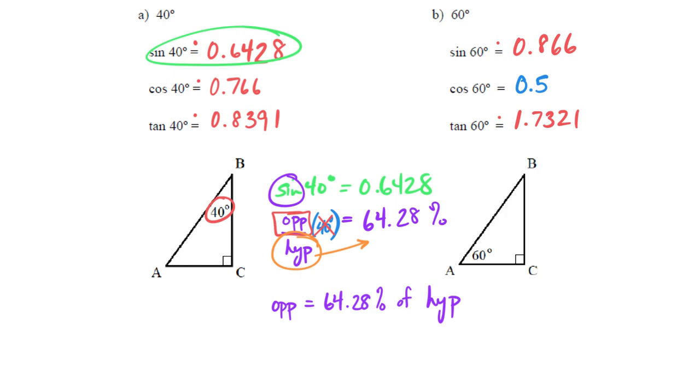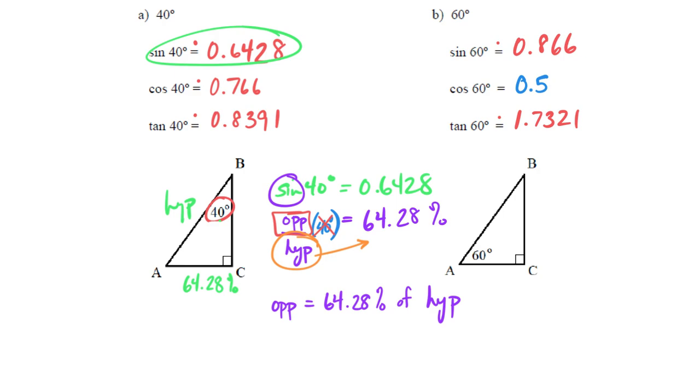When I punch into my calculator, the green, sine 40 equals, and I get that big ugly decimal, really what that's telling me is the comparison between the opposite and the hypotenuse. If I can interpret that value, not just blindly copy it, what that actually tells me is my opposite side is worth 64.28% of my hypotenuse.